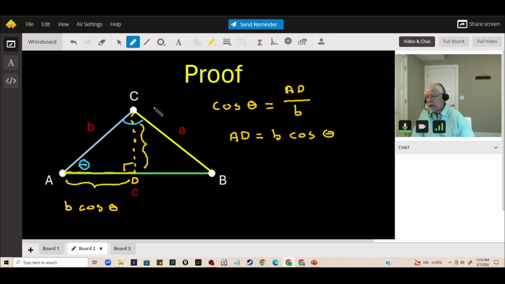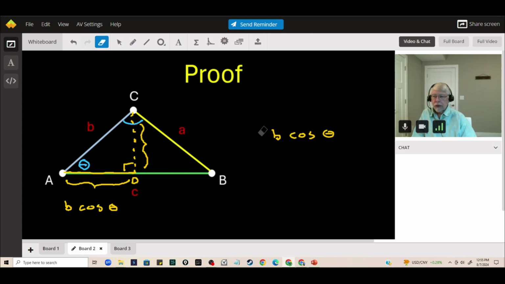Okay, now for the formula for the height, I'm going to erase this. Here's the height. We'll say h.